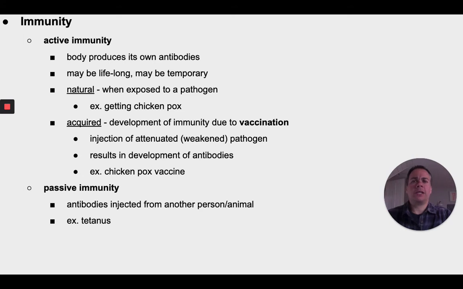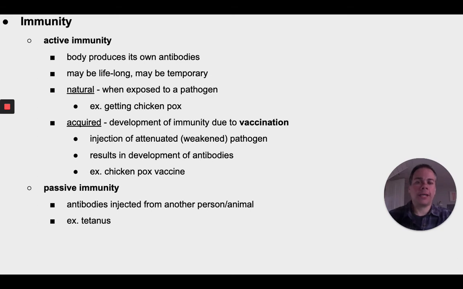Vaccinations work by the doctor injecting into our bodies either a piece of a pathogen, just a protein, just an antigen, or a dead or weakened pathogen. Because it's just a part of the virus or the bacteria, or it's been weakened so much, our immune system immediately attacks that pathogen.